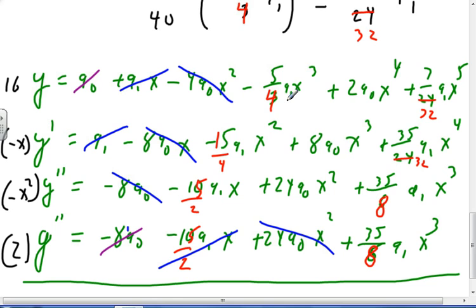The x cubed term, I've got 16 times minus 5 over 4, minus plus 15 over 4, plus 15 over 2, plus 15 over 2, plus 35 over 4, boom, 0.